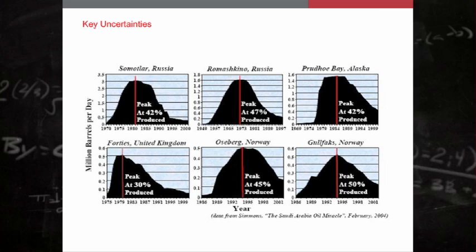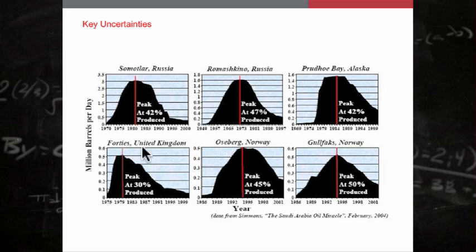Then they go into more details. These are key uncertainties in terms of oil. So I'm going to go a bit more specific on the way they try to think about that. This is a real data set. It's from particular fields in countries. So you see a particular field called Somoltar in Russia. You see also what's happening in Alaska, in Norway, and the United Kingdom.